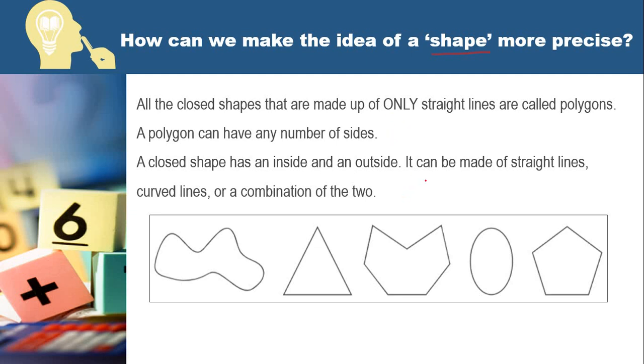Exactness. How can we tell the shape is exact? What is the meaning of precise? Exactness. How can we make the idea of a shape more exact?